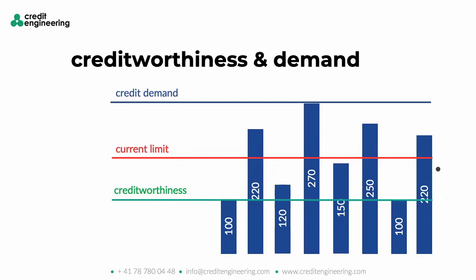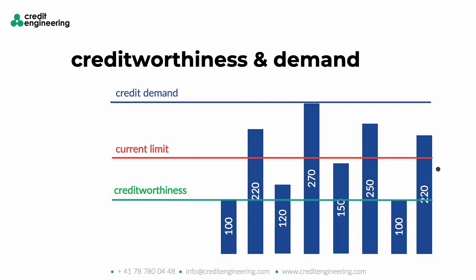For instance, credit demand could change, and in a good situation for the business of a company, this credit demand will grow up. This would mean that our credit limit is supposed to become insufficient, as drawn on this picture.